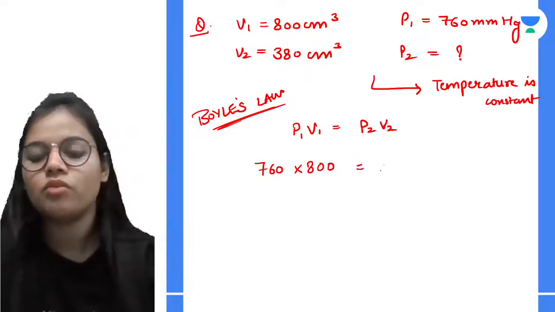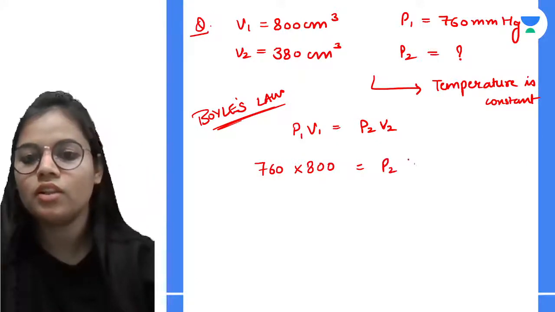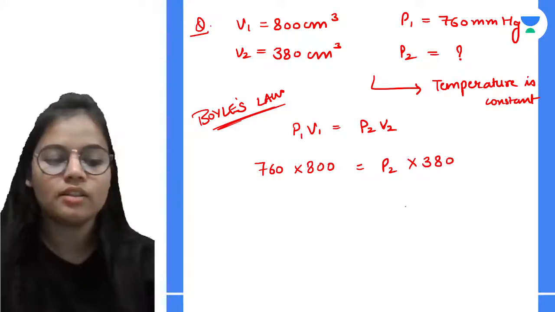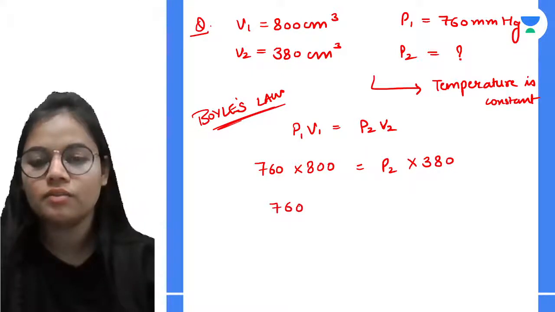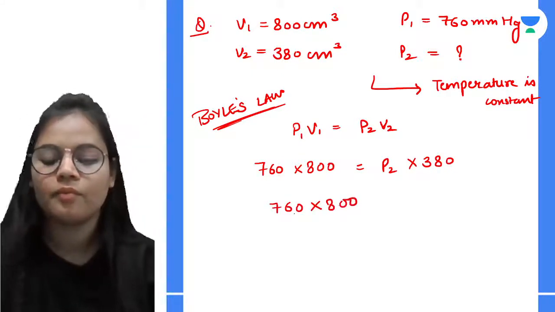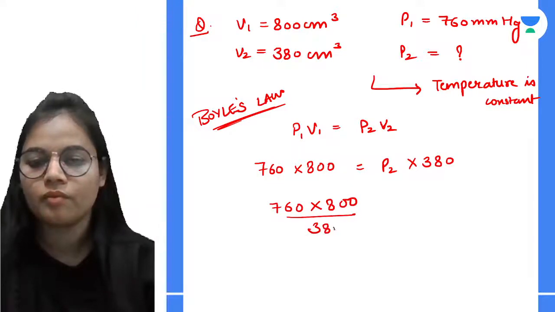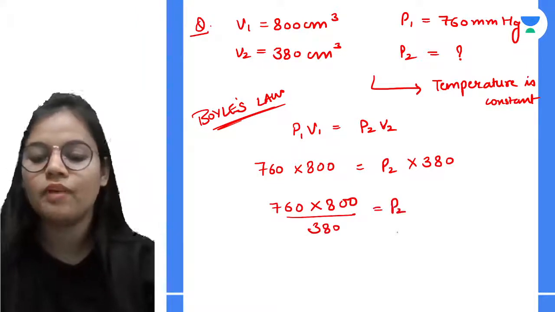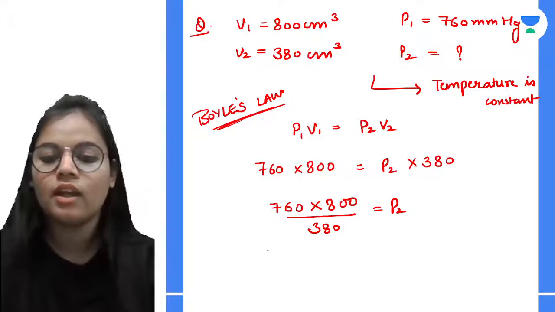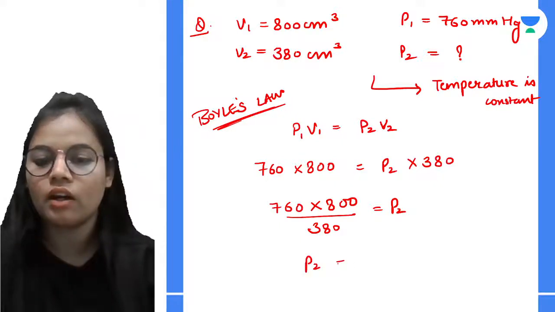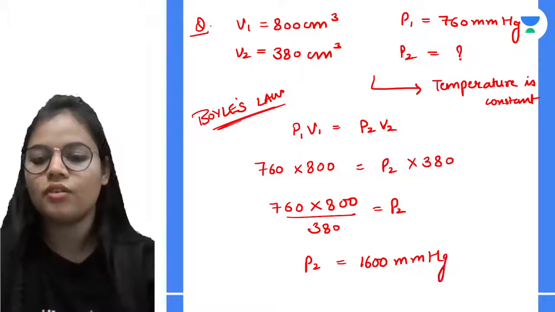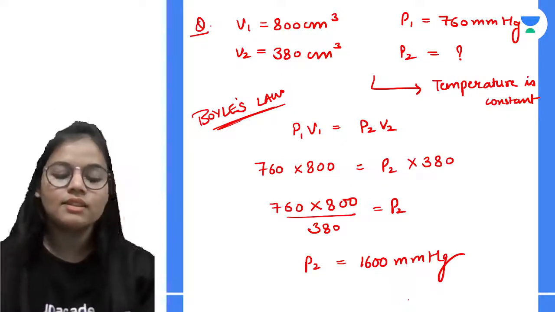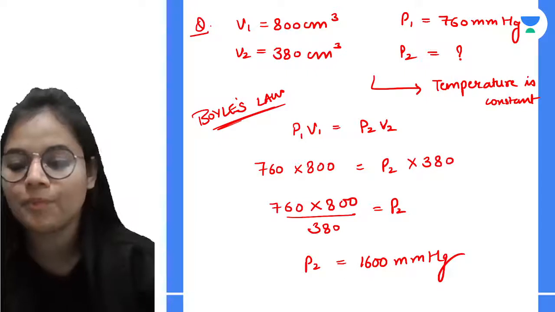P2 we have to find out and V2 is 380. Now if I transfer it, it will be giving me the value of pressure 2, okay, that is equal to 1600 mm of Hg, or we can even write it as 160 centimeter of mercury.